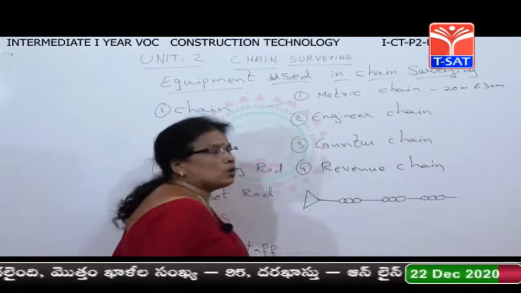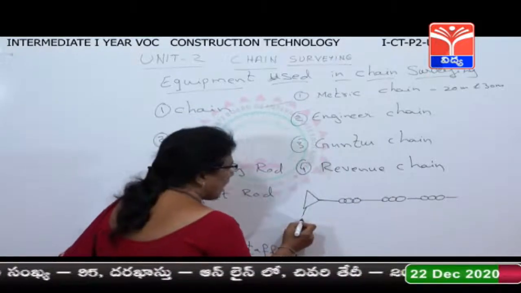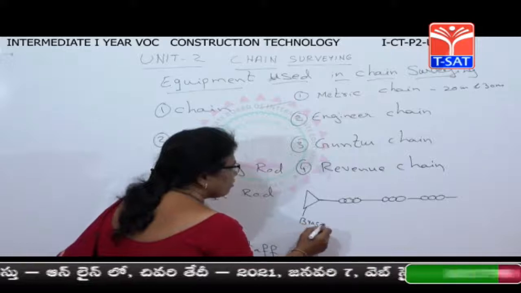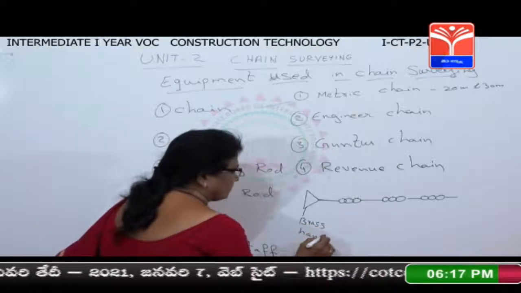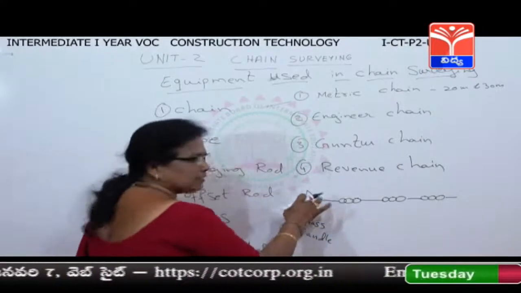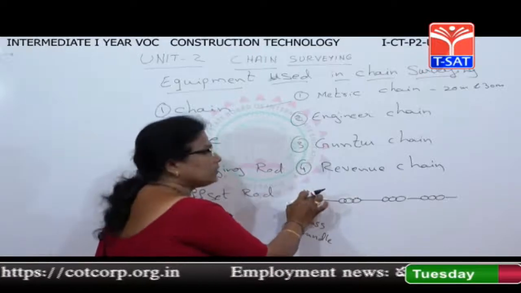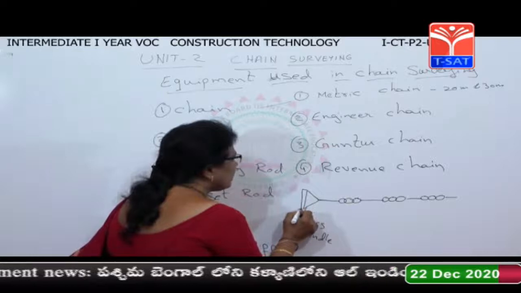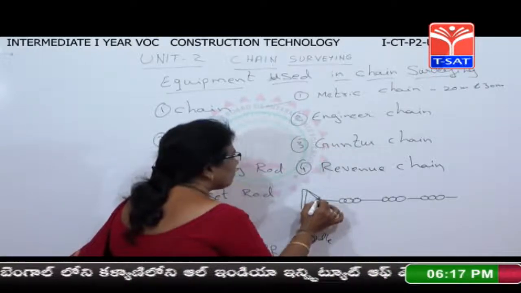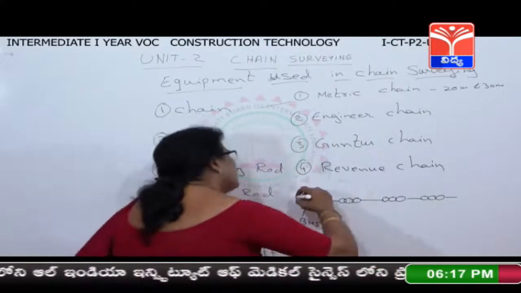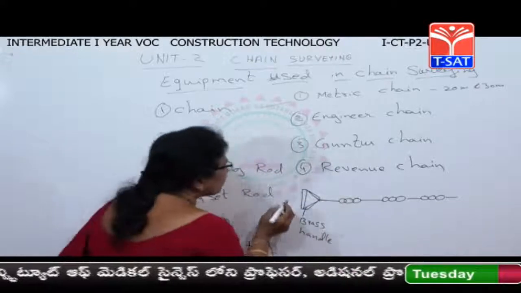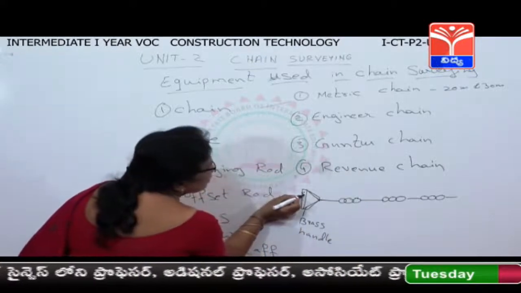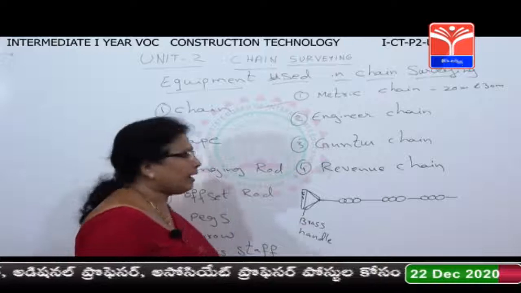This is how it looks. This is called the handle. It is made of brass. Over this handle, the length of the chain is marked. Suppose your length of the chain is 30 meters, so here it is marked 30 meters. If it is 20 meters, here it is marked 20 meters over the handle.